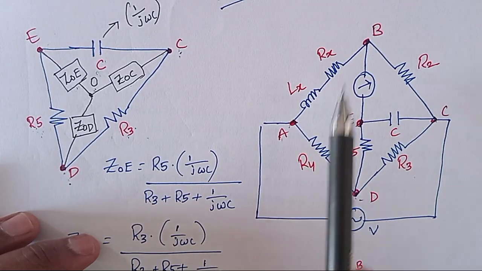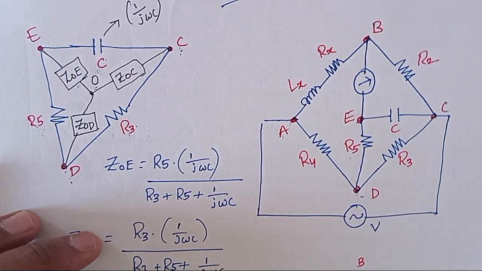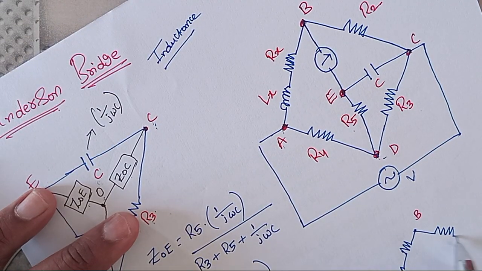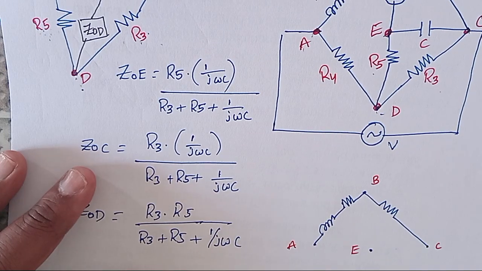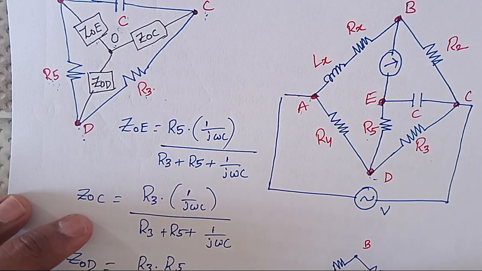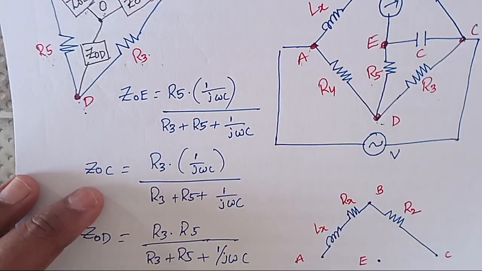And between B and C, R2, there is no modification either. Between A and B it is Lx and Rx, and B and C is R2.